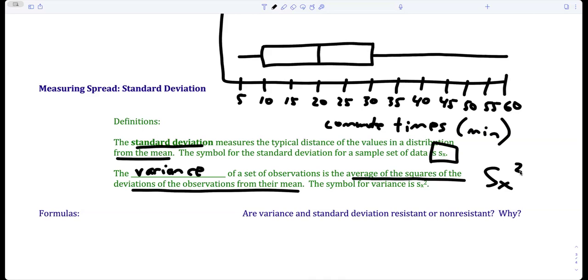Okay, so let's say, hypothetically speaking, I give a test in stats and everybody in the class makes an 80 on the test. So what is the class average? 80. However, the standard deviation for that set would be 0.